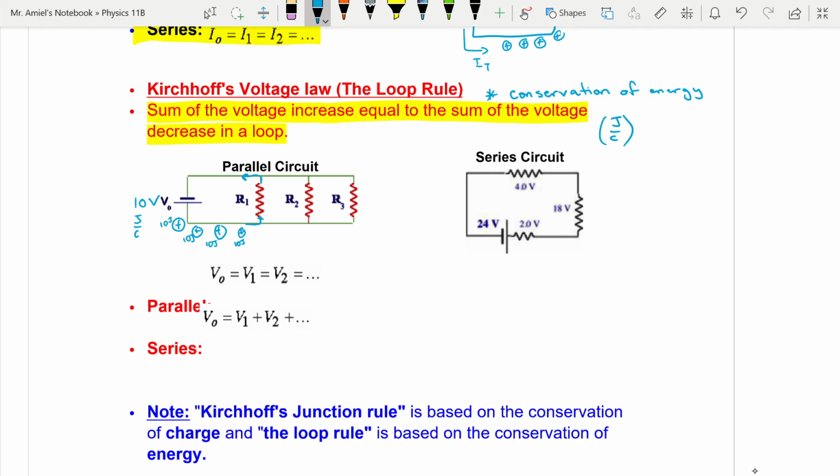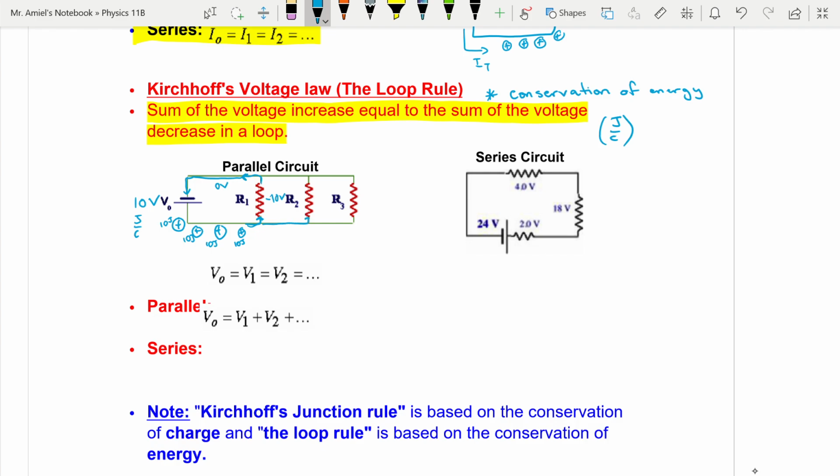We have to have lost all 10 joules because we're going to come back this way and the cell is going to recharge us. We're going to get that 10 volts back, right? We talked about how the battery maintains a consistent voltage. So if we come across this path, we have to lose our 10 joules per charge so that we end up with 0 volts here, and our battery will come back and give us those 10 volts back.